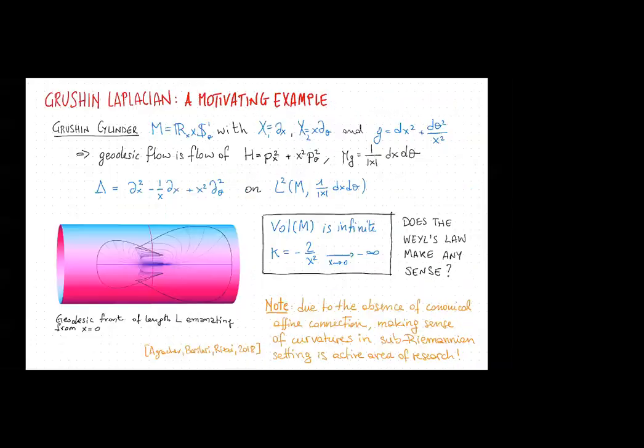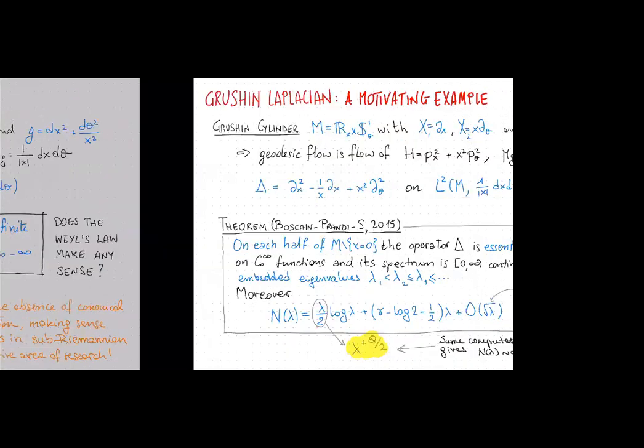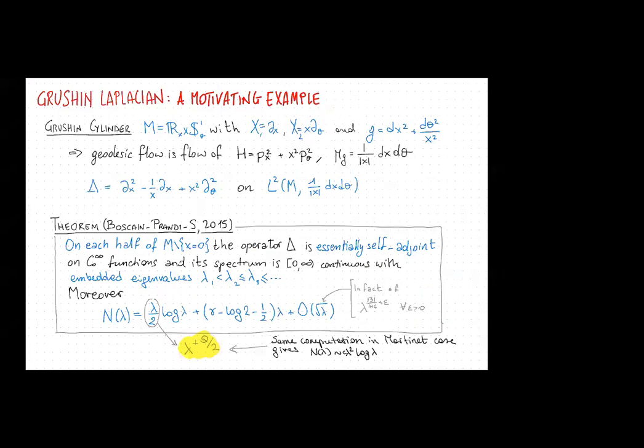Now, if we compute the Laplacian on this space, which is what I was showing in the previous slides, but with a dθ instead of a dy, what can we say? So it turns out that in this case, on each half of the cylinder, this is giving you an essentially self-adjoint Laplacian.